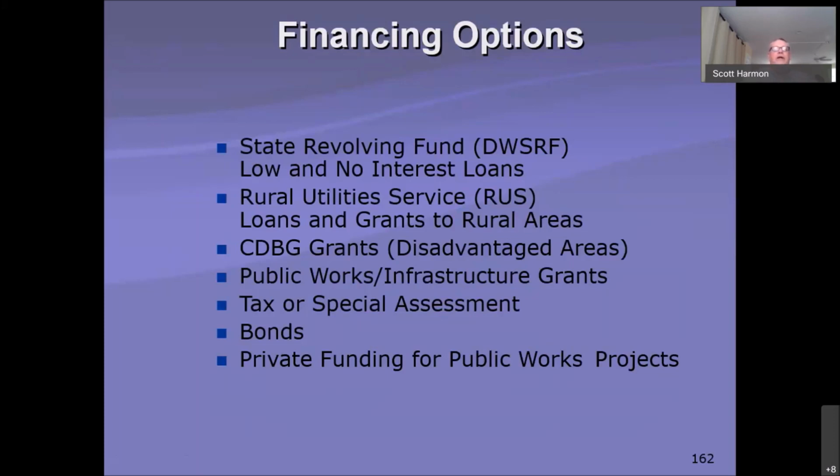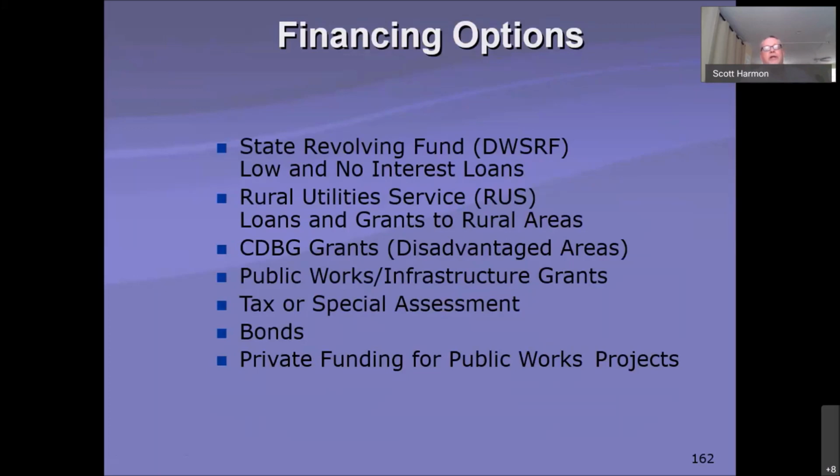You can take a look at that. Disadvantaged area grants, there's some of those available. Again, you can check with our circuit riders about that. Public works infrastructure grants, things that EPA can do. USDA can work with you on certain issues when it comes to rural municipalities and things like that.